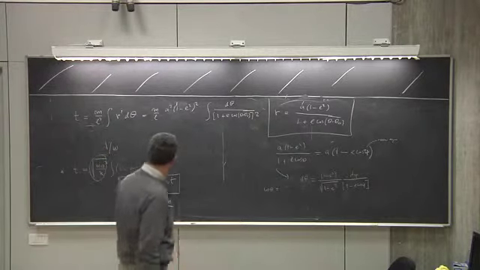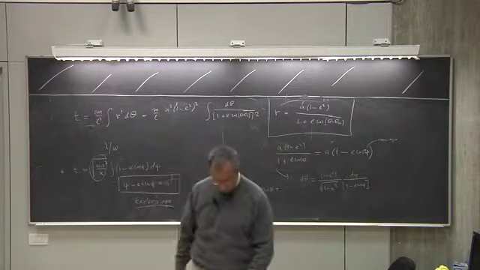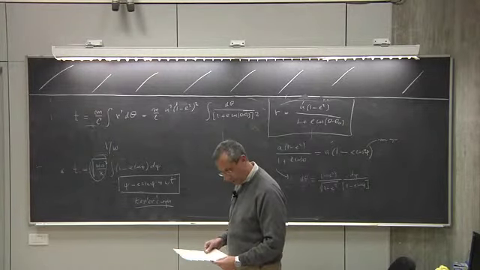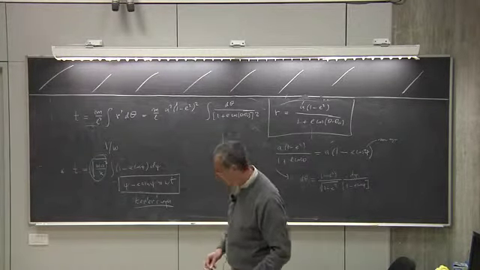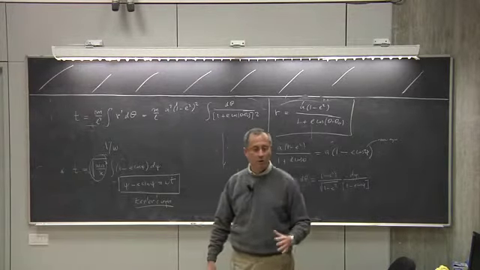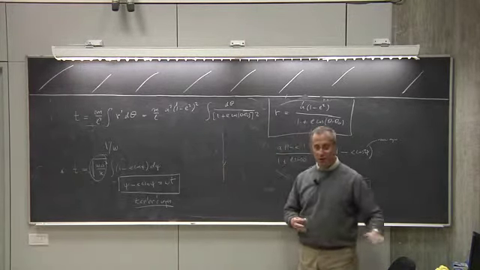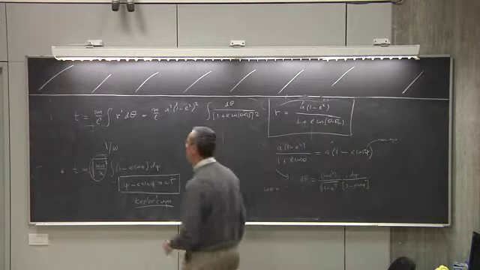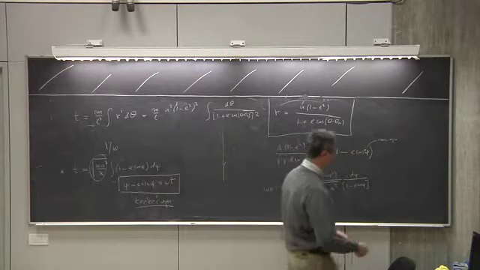So if I solve this, essentially I've solved the problem. Are you still with me? Yes? Okay, I take 10 more minutes, then I let you go for the weekend.